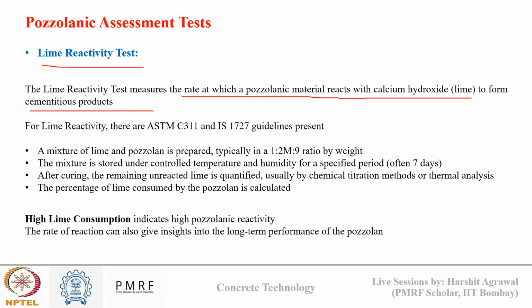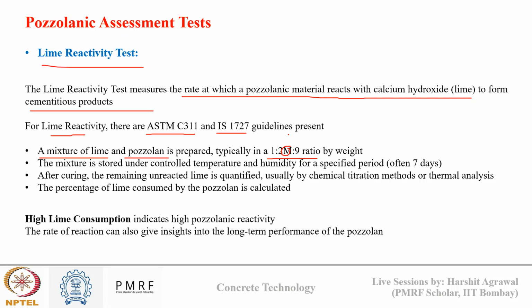Okay, so we were talking about the lime reactivity test. This test is performed as per ASTM C311 or IS 1727 guideline. What this guideline says is, initially we prepare a mixture of lime and pozzolana with a certain ratio of 1 to 2m to 9.